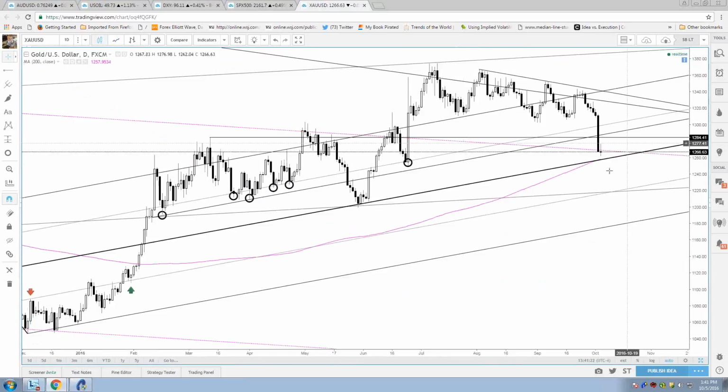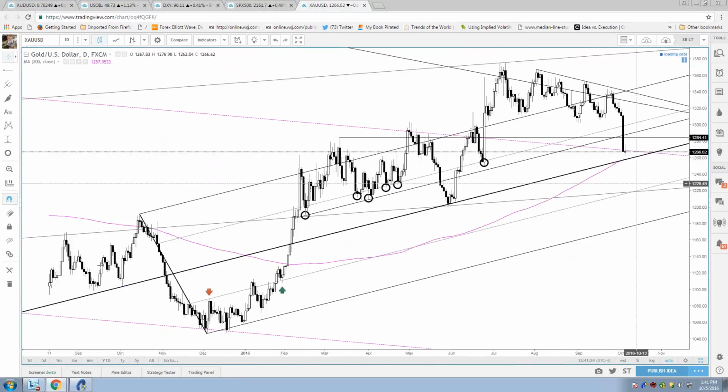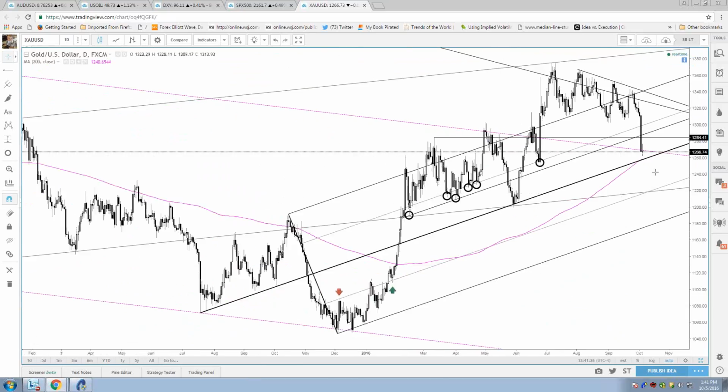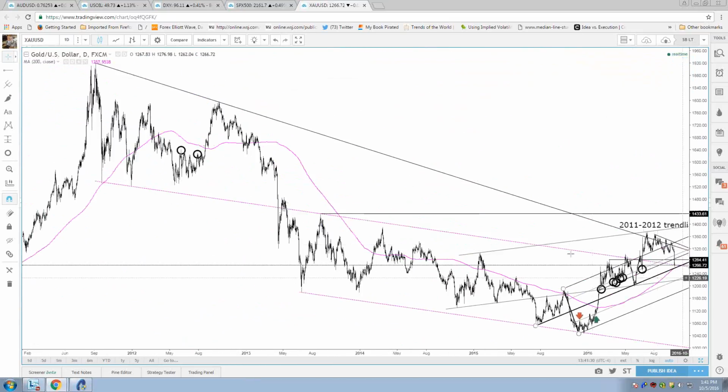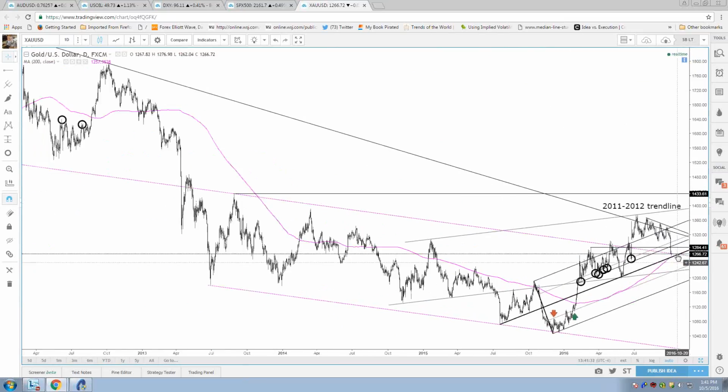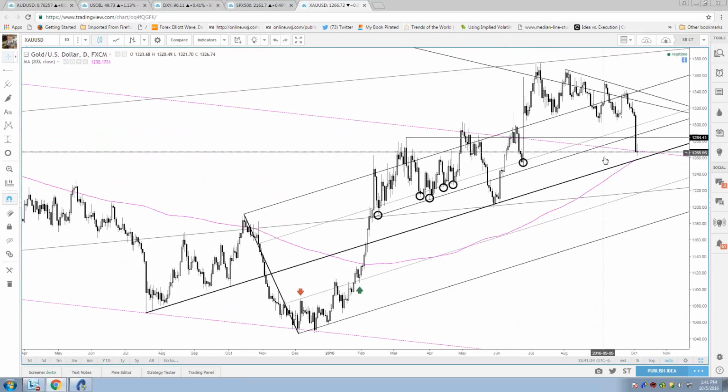And here's gold, 200-day average, median line. 1257, probably going to see support around here, would be my guess. And then you could actually see a pretty good rally, if not retrace the whole thing.